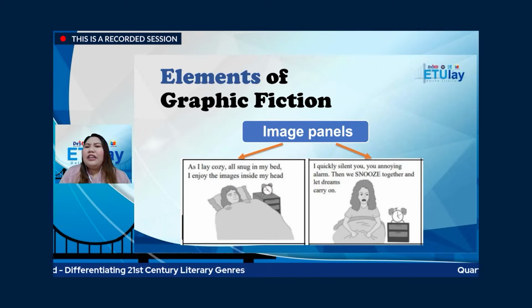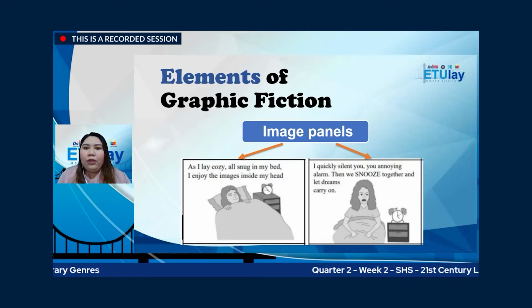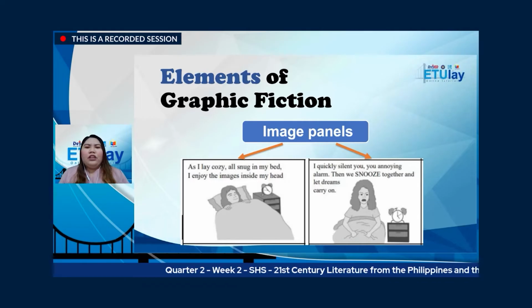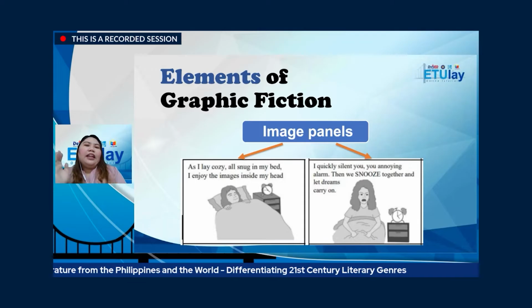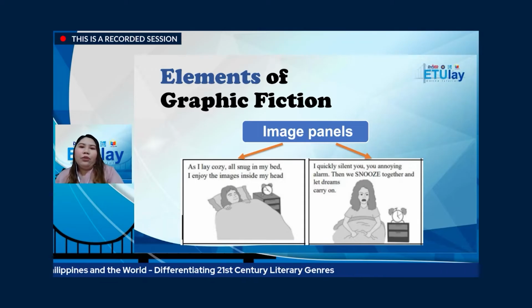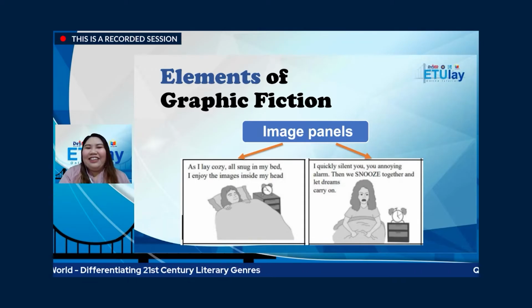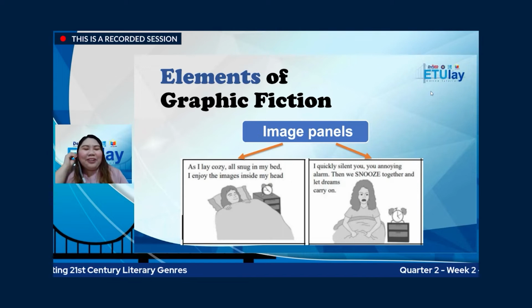Now, how do these sizes and shape of image panels come together? That's the big question. Or is it really important if we see image panels from side to side, or maybe have panel borders, or there are images inside or beyond the borders? We'll see later on. Let's check the other parts or elements of graphic fiction.